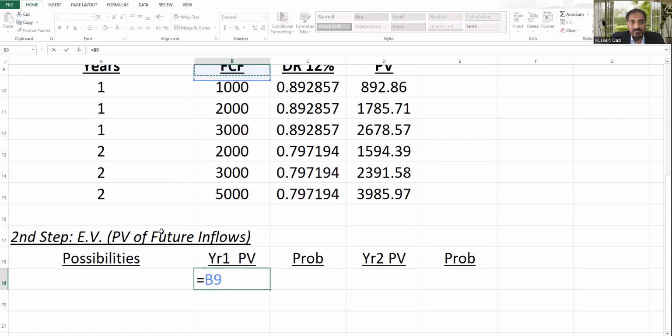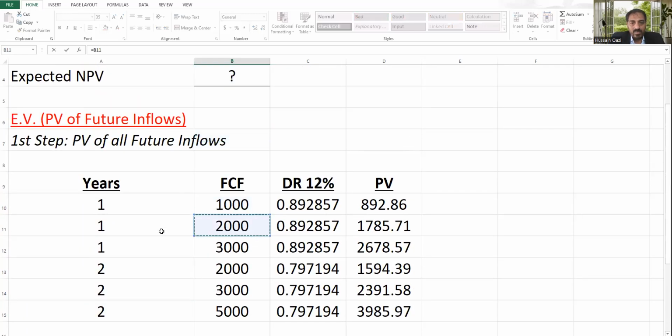The year 1: if a year 1 cash flow of 1000 arises, having the present value of 892.86, that's 893.